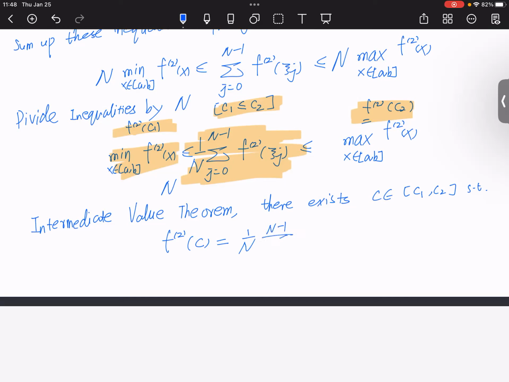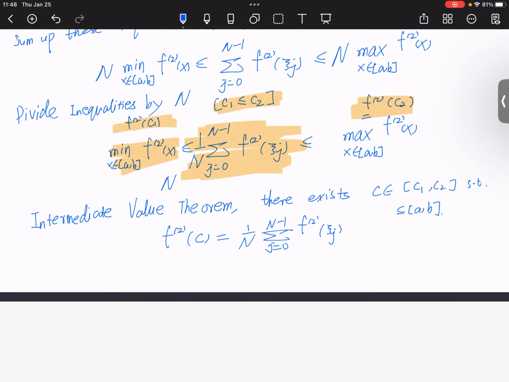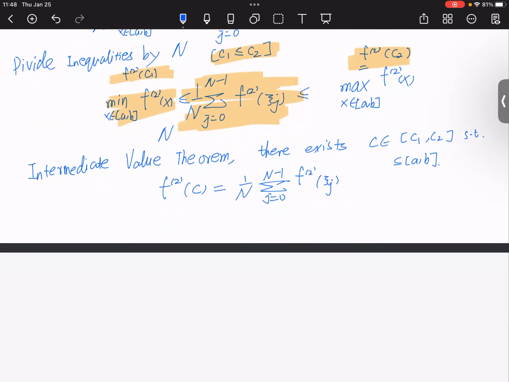This is any value in between the maximum and the minimum of the second derivative at C1 and C2. So we have one C on the interval that equals that fixed number. Because C1, C2 is inside the interval A and B, this C is inside the interval A and B.